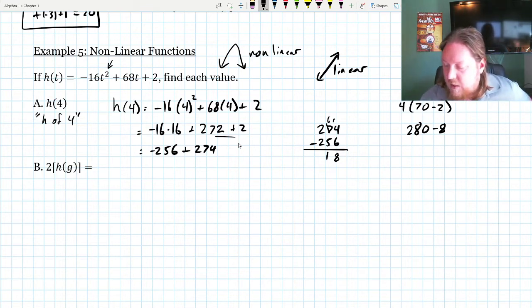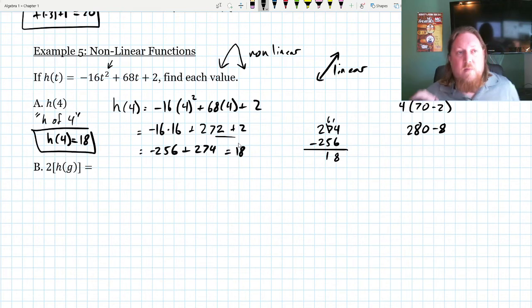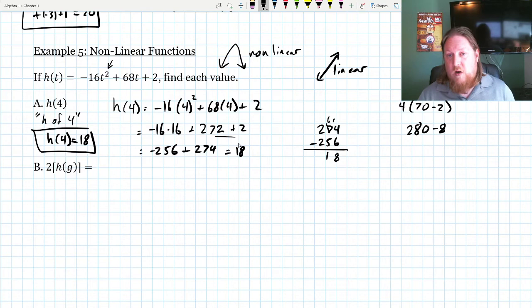So it all comes down to 18. So h of 4 equals 18. Again, if you remember, with function notation, that means I have the coordinate, if I were to graph this, 4, 18. All right, next one.